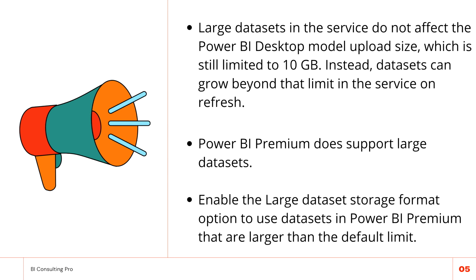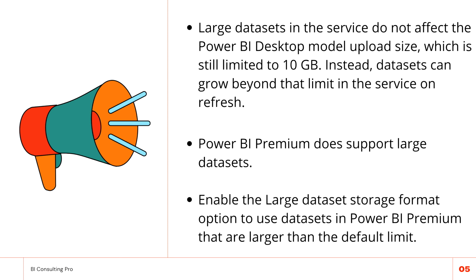Always remember that large datasets in the service do not affect the Power BI Desktop model upload size, which is still limited to 10 gigs. Instead, datasets can grow beyond that limit in the service on refresh. That means when you set up incremental refresh, the dataset would eventually increase in the Power BI service, but your file would still be limited to 10 gigs.